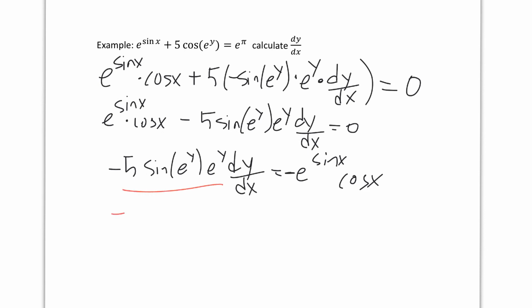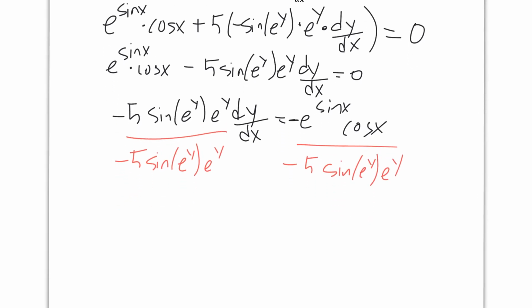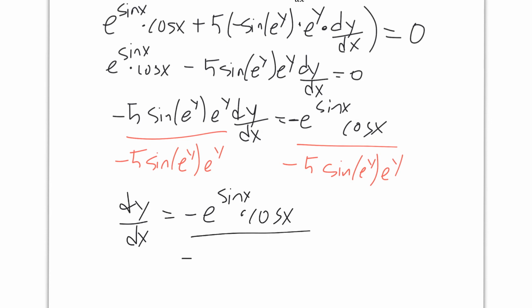It was just negative 5 sine e to the y times e to the y. Negative 5 sine e to the y. Giving you your final answer of dy/dx equals negative e to the sine x times cos x over negative 5 sine e to the y.